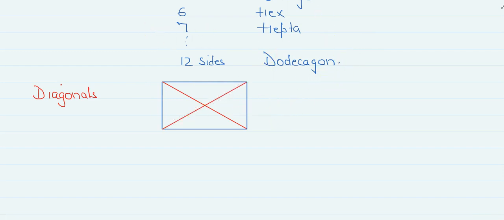If a polygon has more sides, for example, this is a polygon, then these are called the diagonals.